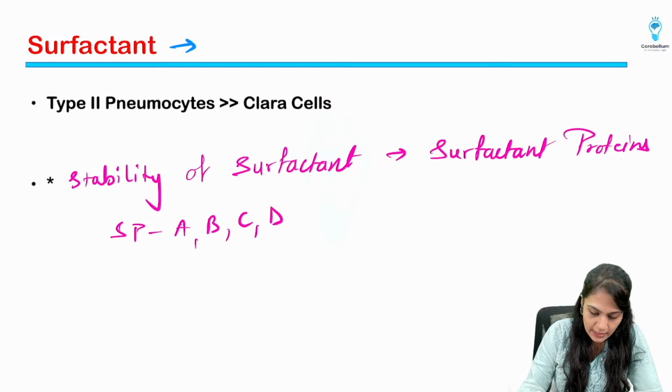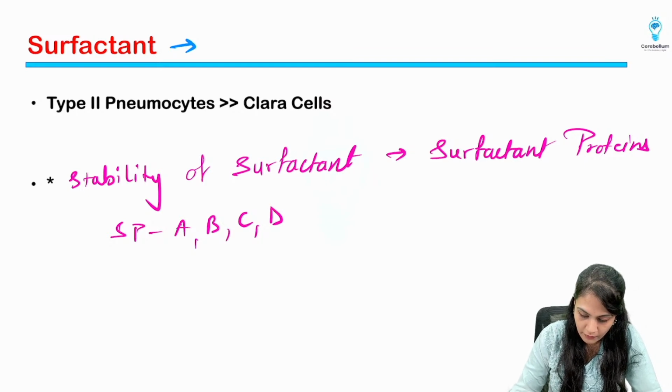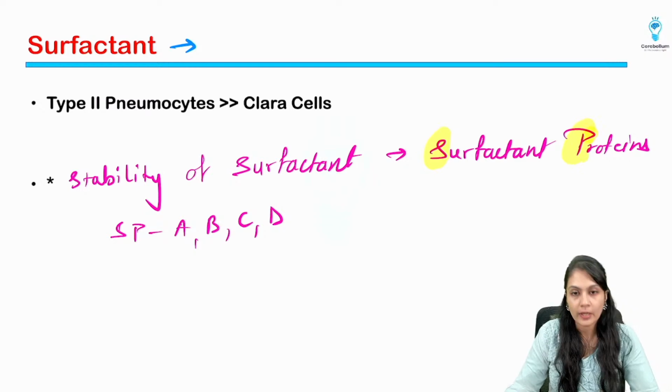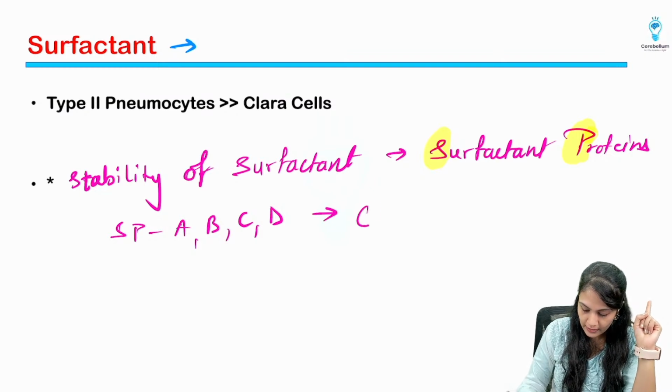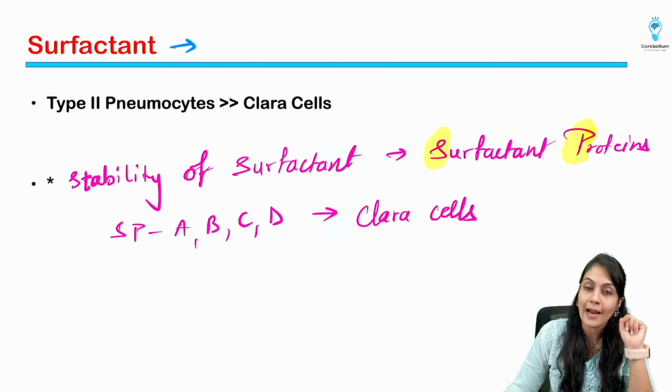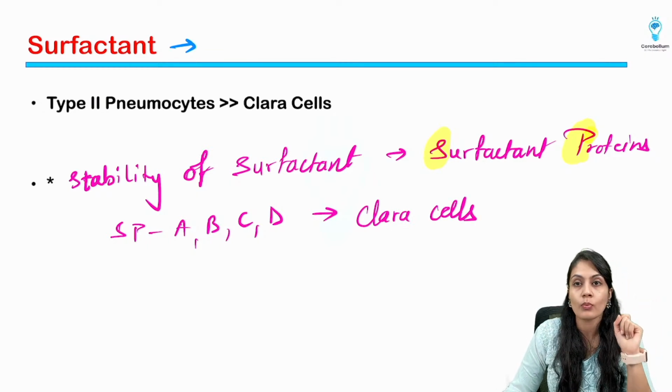What is SP? SP is nothing but the surfactant proteins. Okay, and the stability is because of these surfactant proteins, and these are mainly produced by the Clara cells. Yes, the type 2 pneumocyte can produce it, but a very small amount will be produced by the type 2 pneumocyte, but most of them will be produced by the Clara cells.